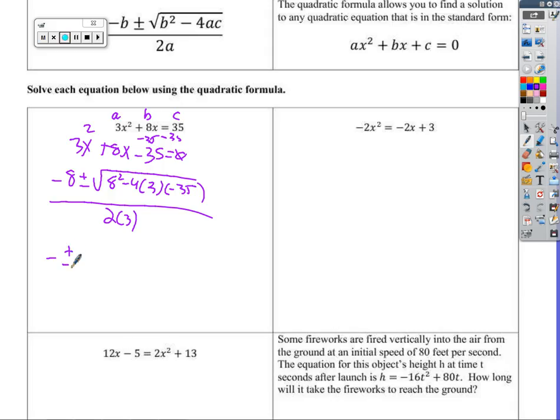Negative 8 plus or minus the square root of 64 plus 420 all over 6. 64 plus 420 gives me 484.